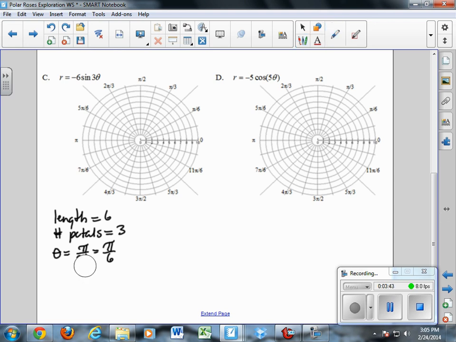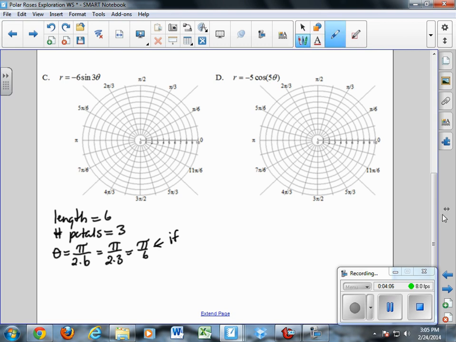That's not terribly clear. Let me make that a little neater for those of you taking notes. Pi over 2 times b, which is pi over 2 times 3, is pi over 6. Okay, so now this would be if a is positive.